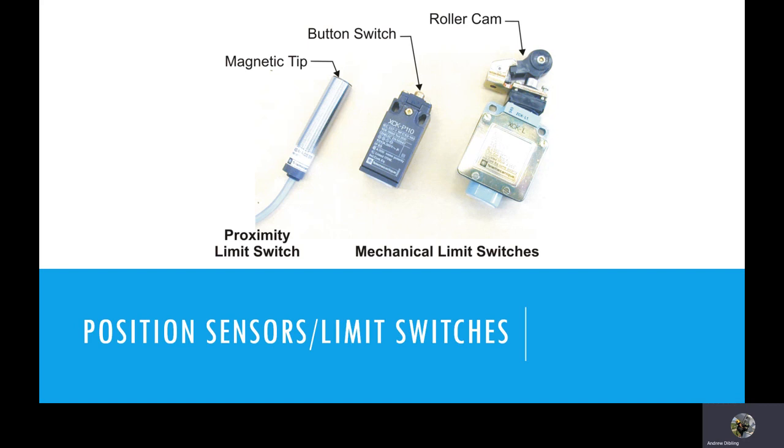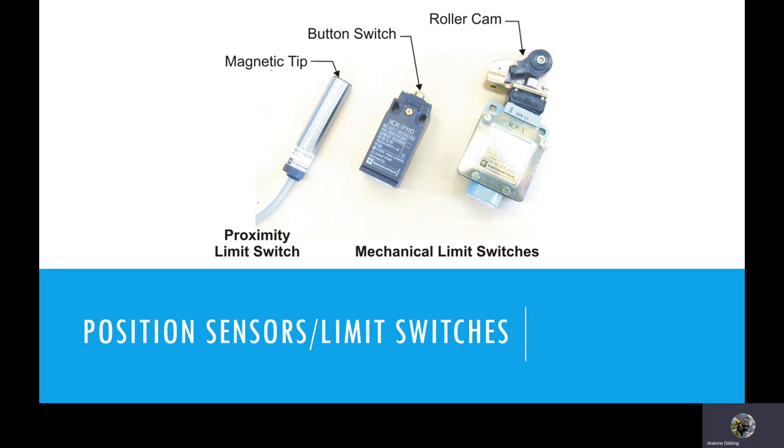Electrically operated limit switches now are pretty much used. The reason is it's much easier and cheaper to use them than it is to plumb and pipe pilot lines to fluid roller cam or button switches in the case of pneumatics.